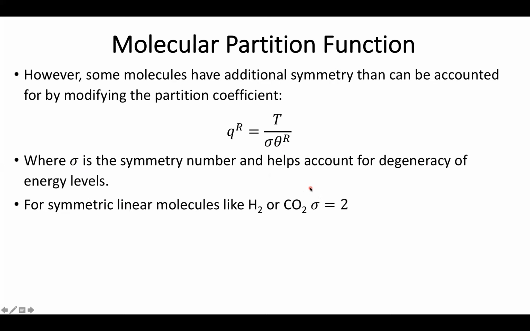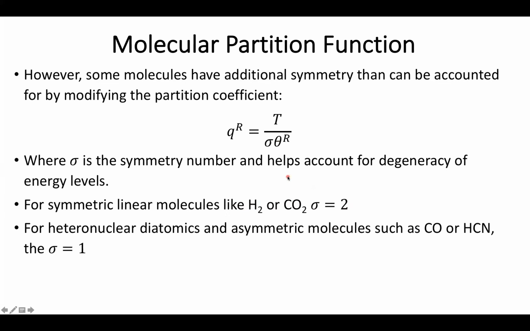And so for a symmetric linear molecule like hydrogen or CO2, what ends up happening is that the symmetry value is 2, because with no way to differentiate the ends of our molecules, because I have a hydrogen on either end of H2 and an oxygen on either end of CO2, I've essentially doubled the effective degenerate energy levels. So we're going to have a much larger characteristic rotational constant.